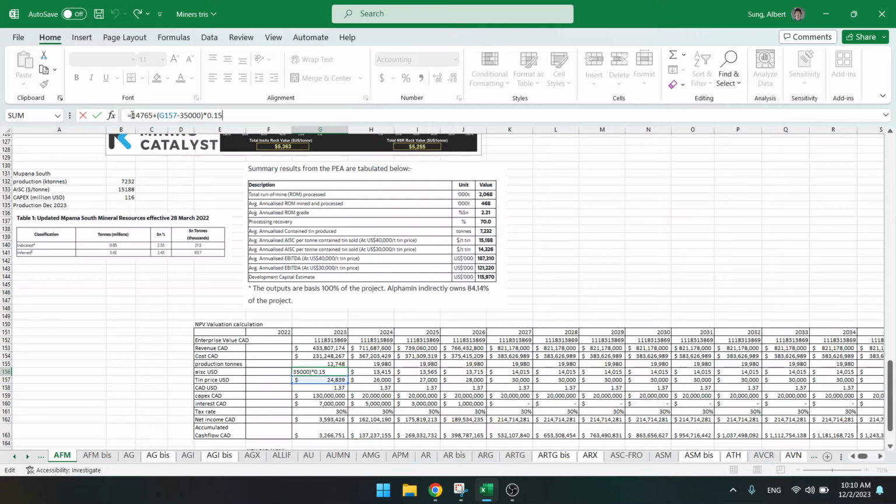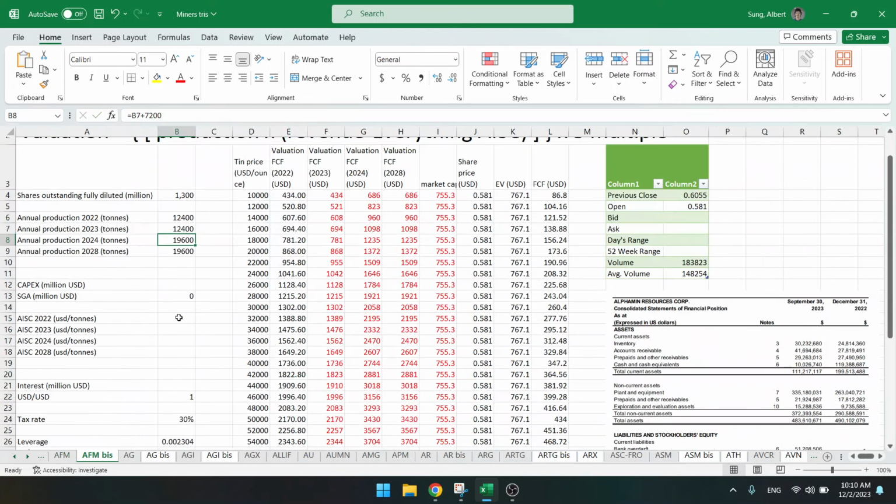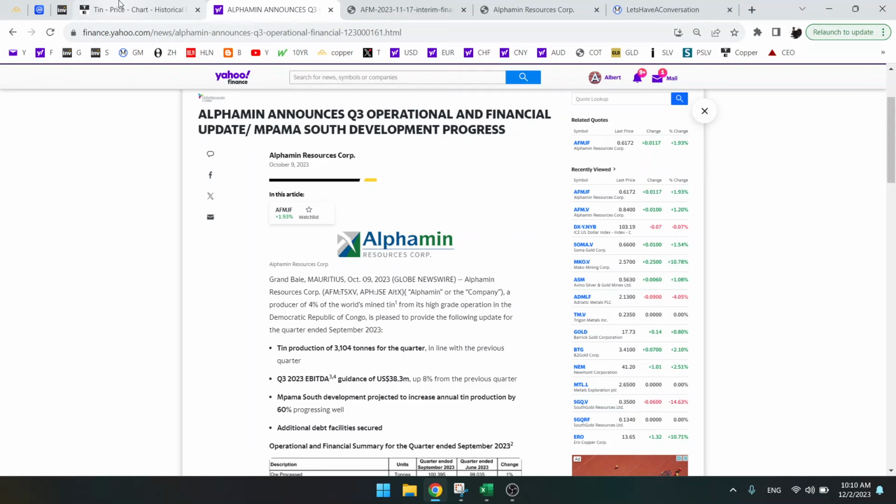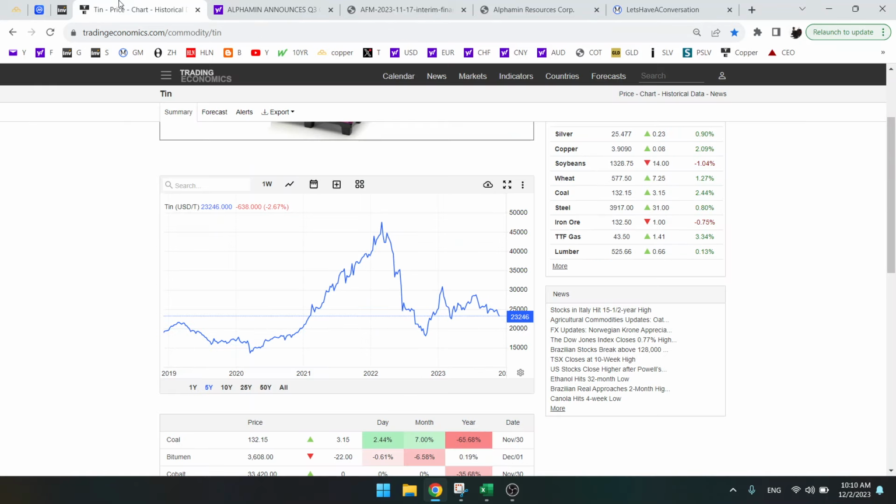Yeah, that's how it works because of the royalties and all of that. So let's do that. Copy. And this is the tin price, which is currently 23246.